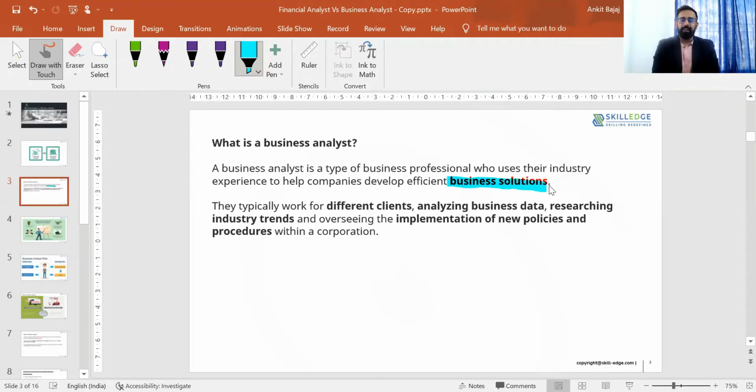With their relevant experience, they give suggestions to the top management on how they can improve their business, and what policies they should implement in their organization. This is the basic role of a business analyst.